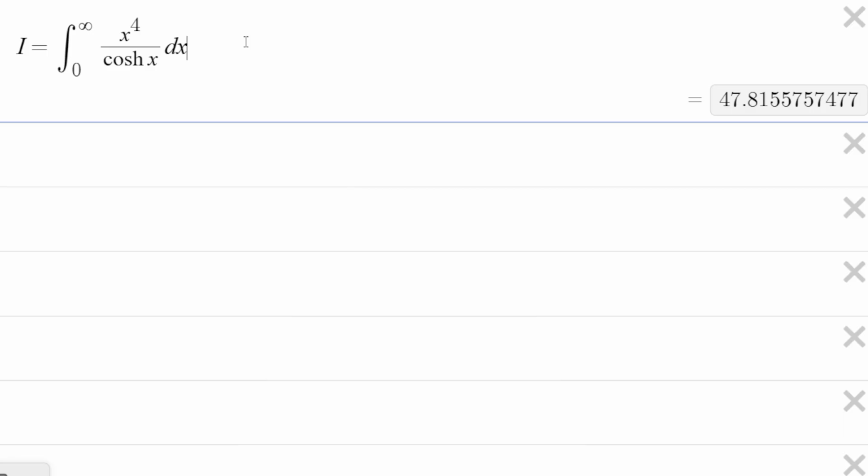Today we're going to be solving this integral, and if you watched my previous video, you'll see that it is very similar in structure to the integral I solved in that video. This video is not going to be as long. I will link to the previous video if you want to see where some of the formulas come from.